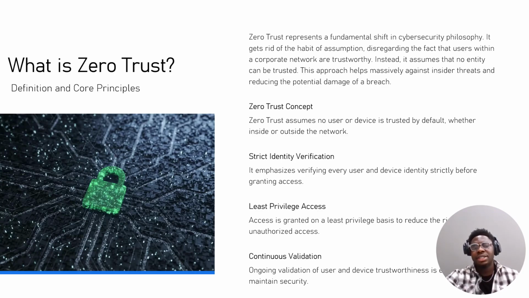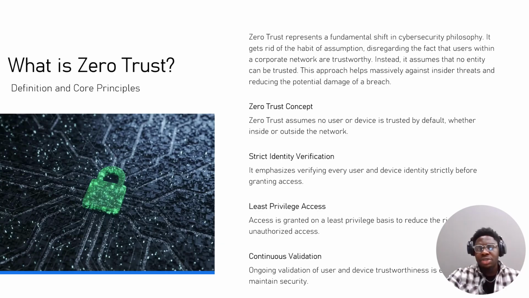It emphasizes strict identity verification, least privilege access, and continuous validation to minimize risk. The concept behind zero trust is to not trust anyone and always verify. It doesn't matter if you've logged in before, I still need you to type in your password. That's the concept behind zero trust.